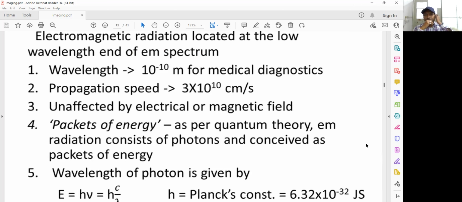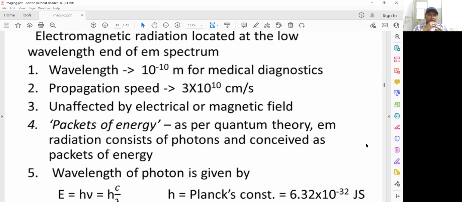Now the packets of energy: as per the quantum theory, electromagnetic radiations consist of photons and are conceived as packets of energy. So it is transmitted from one place to another in packets of energy, not a single quantity. That is why we say that packets of energy are being transmitted.